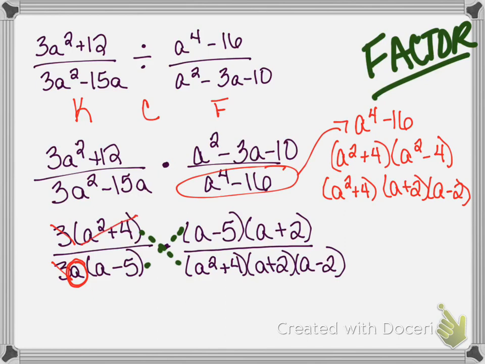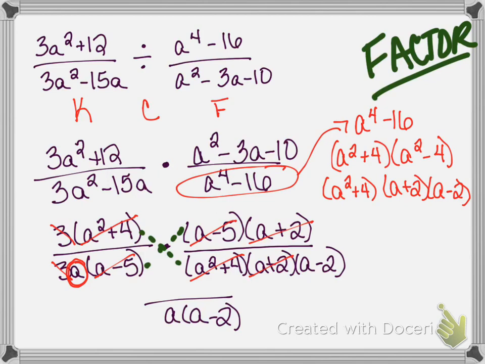I have a squared plus 4, a squared plus 4, a minus 5, a minus 5, a plus 2, a plus 2. In the numerator, everything simplifies out. What am I left with? Just a times a minus 2. That's in the denominator. Okay, so I do have a times a minus 2 in the denominator. 1. Okay, I have divided everything out, and I am left with 1.